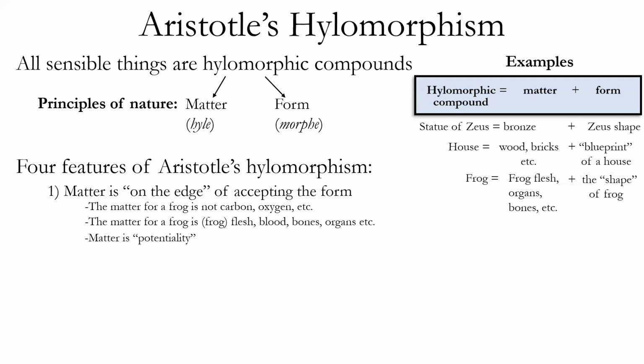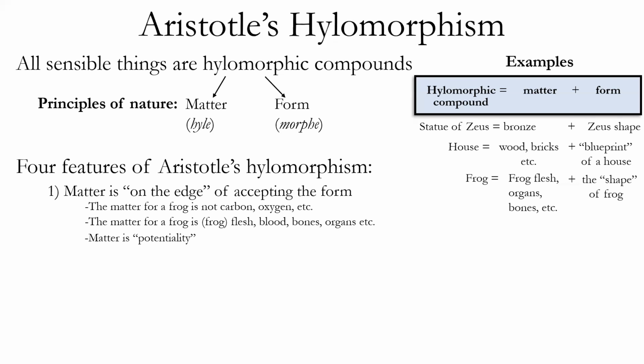This is probably easier if you think about something like a house. You might say, houses are made out of bricks and wood and so on. Okay, fine. Well, let's say you go out into a forest where there's a lot of clay in the soil. Are that clay and those trees the matter for a house?